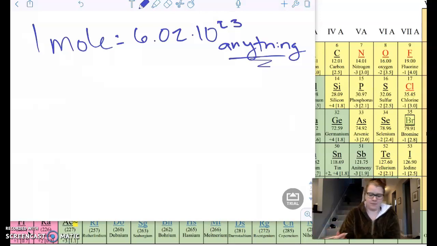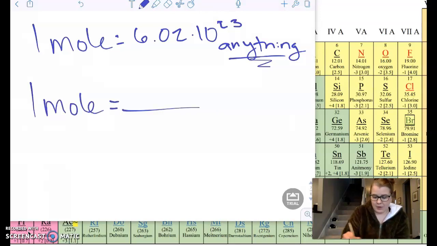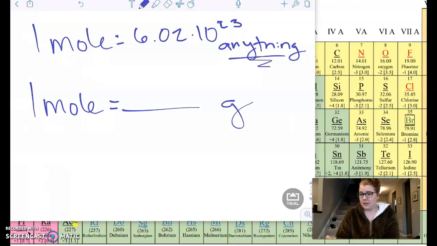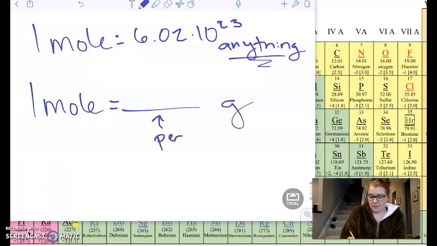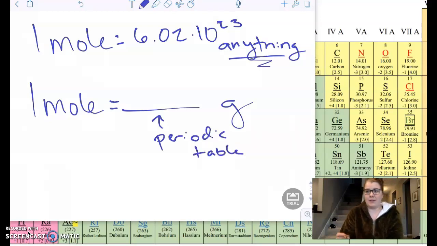So that's one thing. The other thing that we learned was molar mass. So the fact that 1 mole is equal to however many grams of a particular substance. We can find these values on the periodic table. So if you look at the cursor behind me, for example, for oxygen, oxygen has a molar mass of 16.00, which means there are 16.00 grams in 1 mole of oxygen.